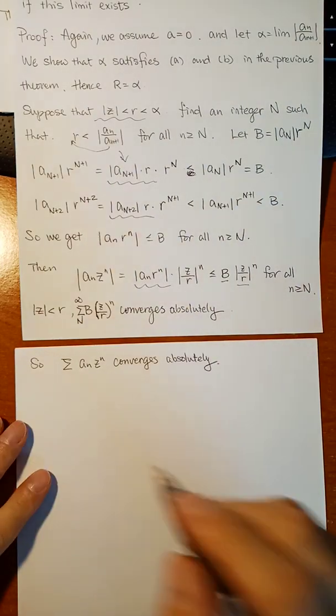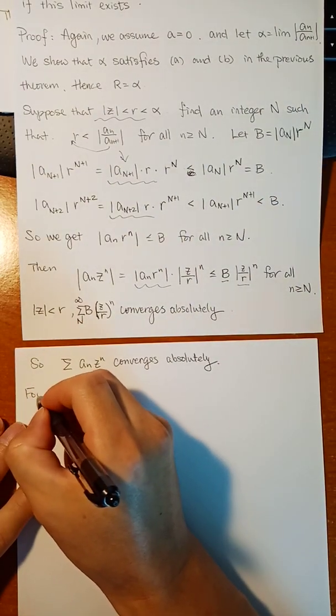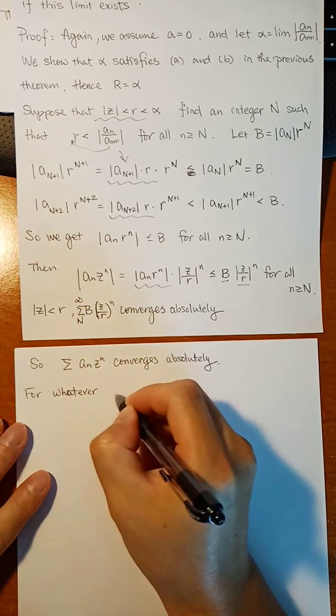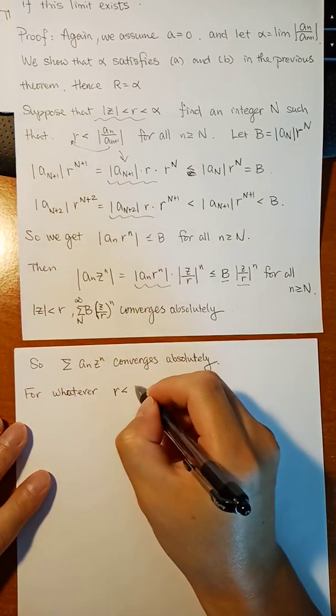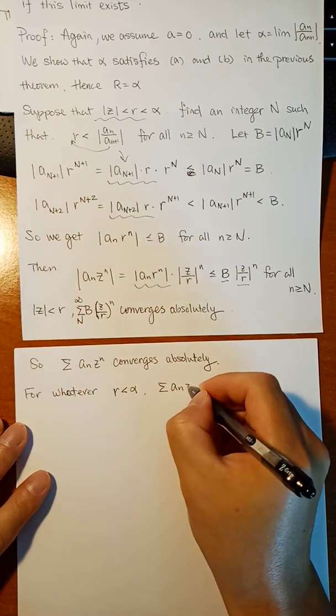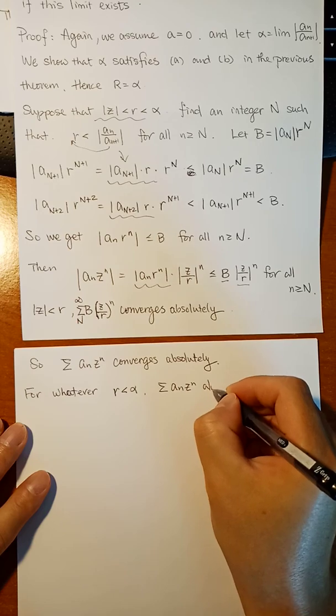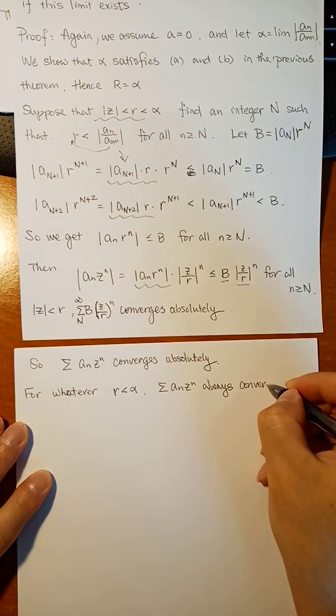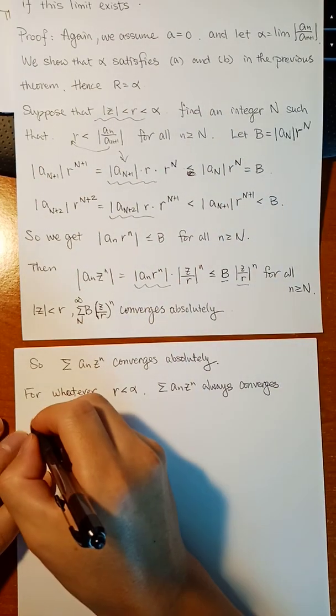For whatever r less than alpha, the series a n z to n always converges absolutely.